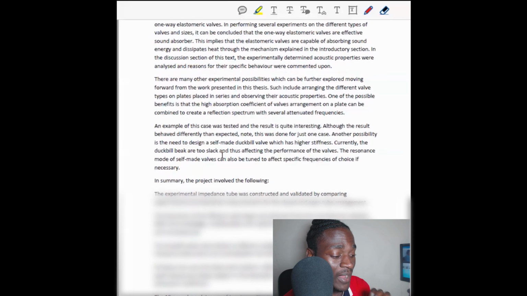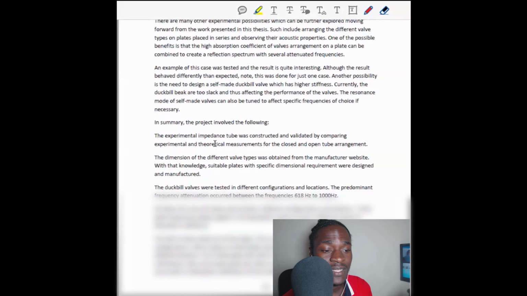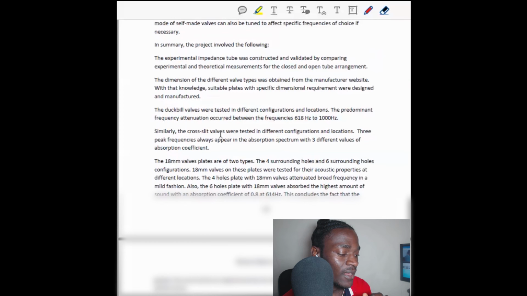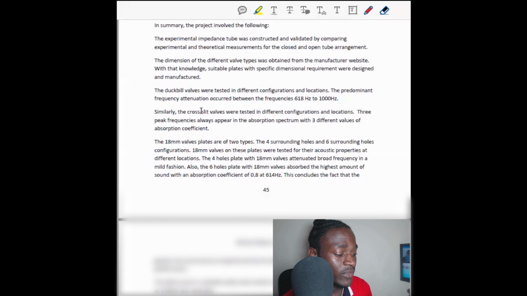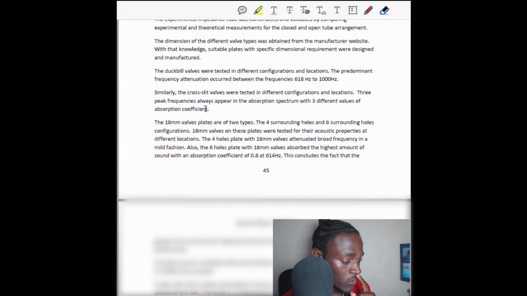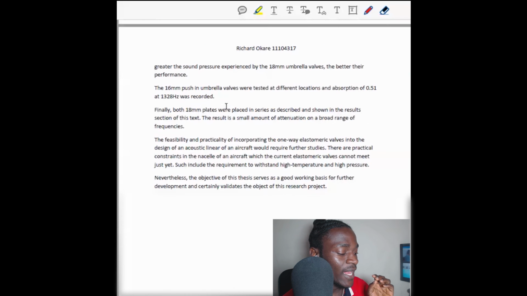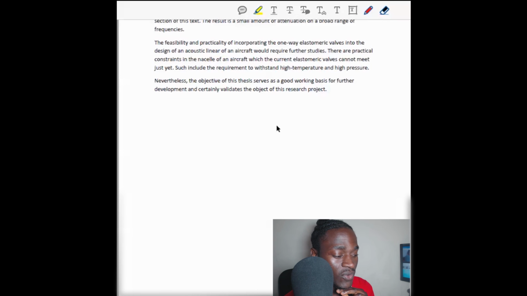For example, mine is acoustic liners. My thesis honestly didn't satisfy my project, so I explained why it didn't. And where it did, I explained why it did that, and also what can be done in the future to improve some of the results I got in my results section. So that's how the conclusion should go.